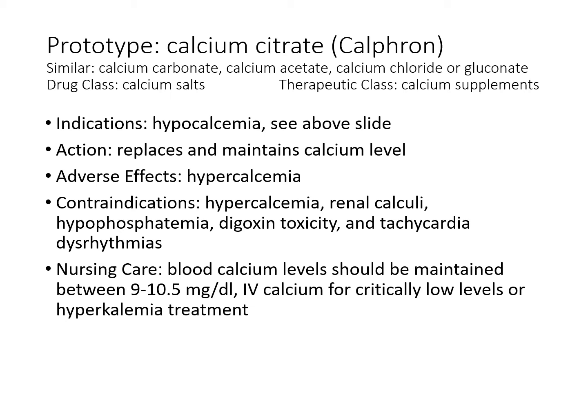So why don't we talk about some groups that commonly need more calcium. Typically, as I mentioned before, pregnant women do, breastfeeding women do, postmenopausal women. Postmenopausal women are at risk for osteoporosis, so thinning and low density of the bones. And that happens because at menopause, women lose their estrogen.